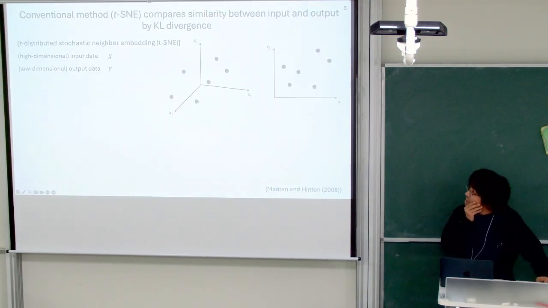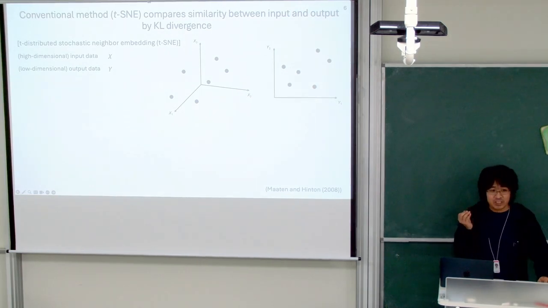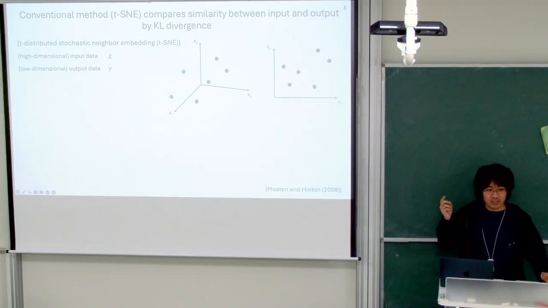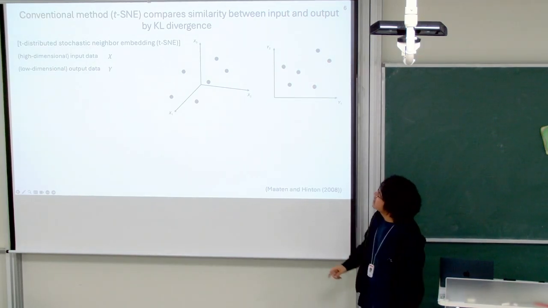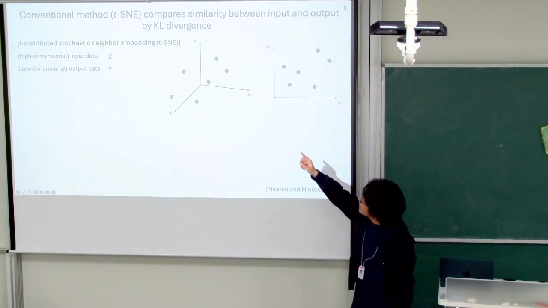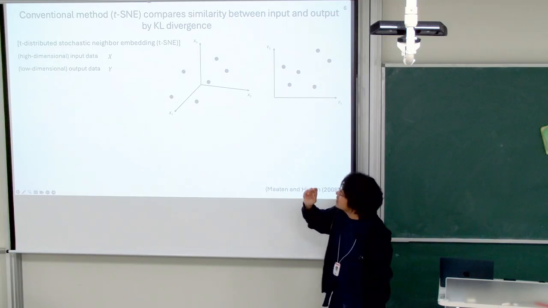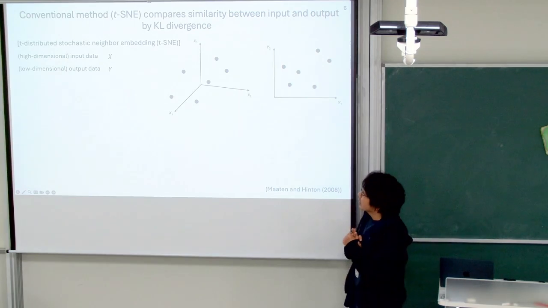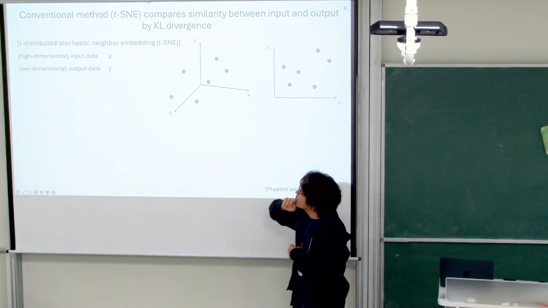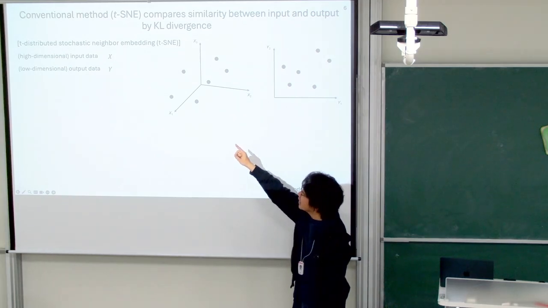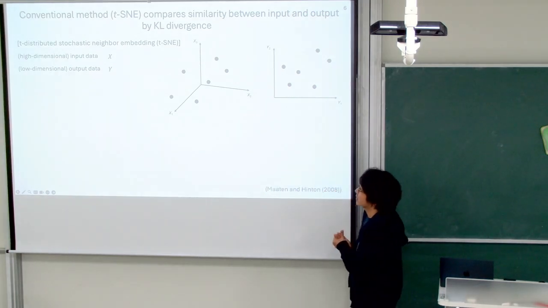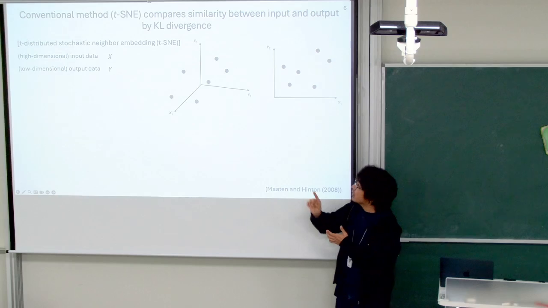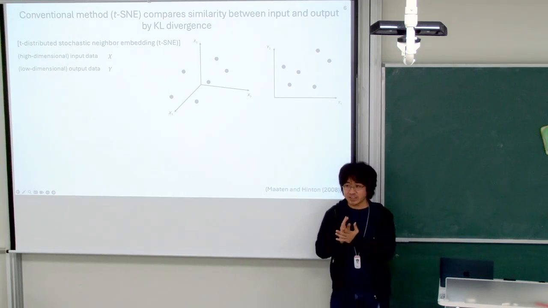Before that, I will briefly introduce a conventional method called t-SNE, t-distributed stochastic neighbor embedding. We suppose input data is X and output data is Y. X is high-dimensional data and Y is low-dimensional data.